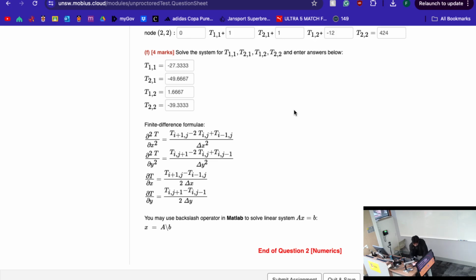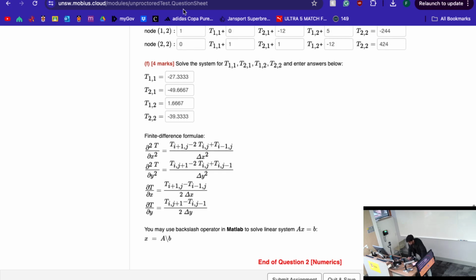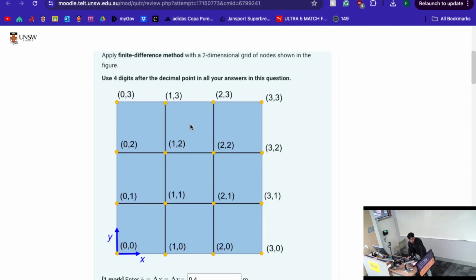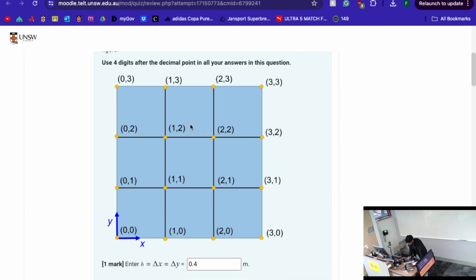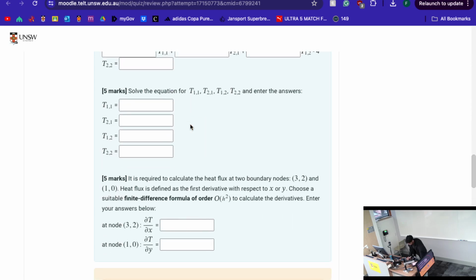So for 3, 2, it would be T of 4, 2 minus T of 2, 2. Does 4, 2 even exist? It doesn't even exist. Wait a second. Yeah, I'll do it for 1, 0.